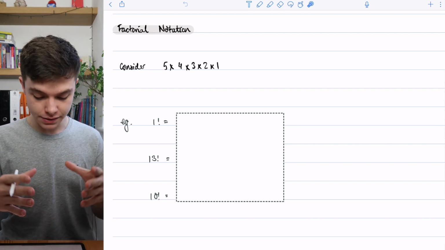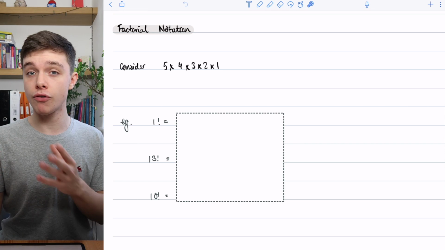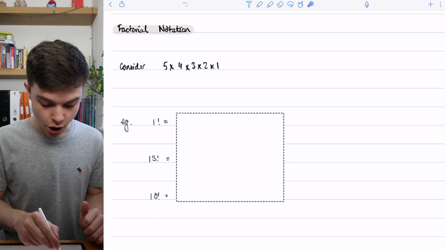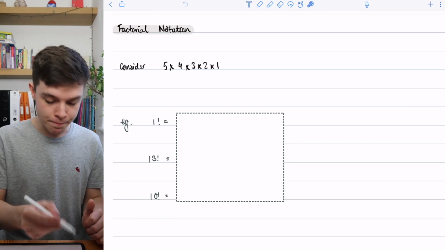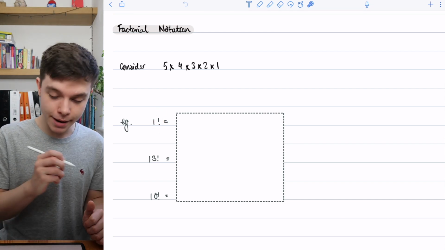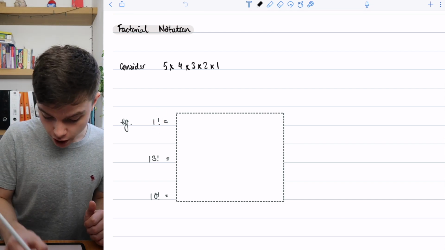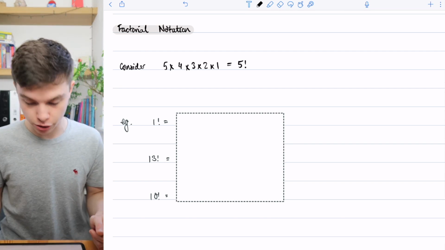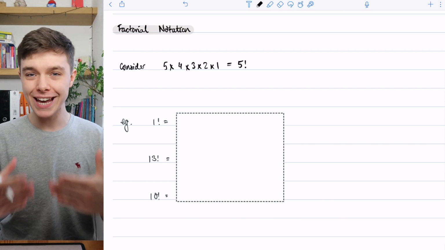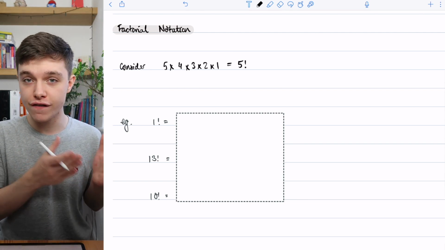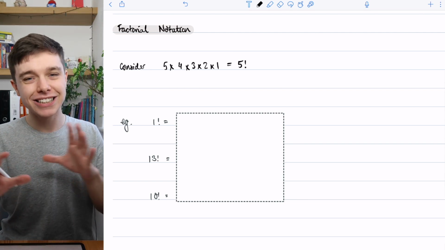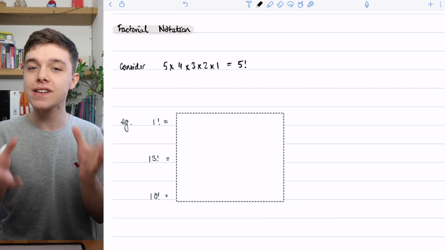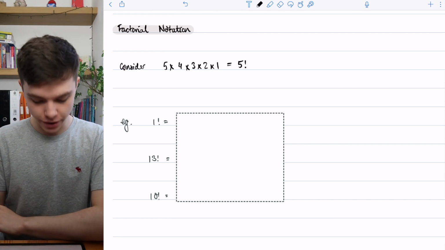We can write that multiplication using factorial notation. On the screen we've got 3 examples here, and we can see we're using the exclamation mark. So we're going to write that as 5 factorial. Without knowing what factorial is, you would read that as just 5 exclamation mark. It's actually not an exclamation mark in maths, it's the factorial notation, okay?